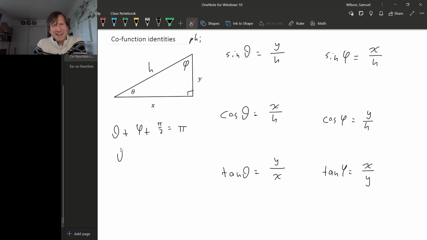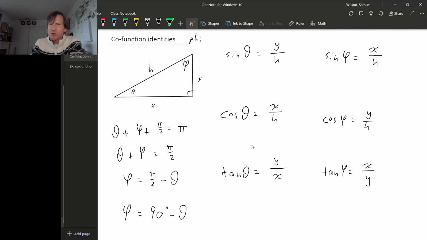But this means that theta plus phi has to be pi over 2. But that means that phi is pi over 2 minus theta. Or if you want to work in degrees, which, if you must, I guess it's okay, phi is 90 degrees minus theta.